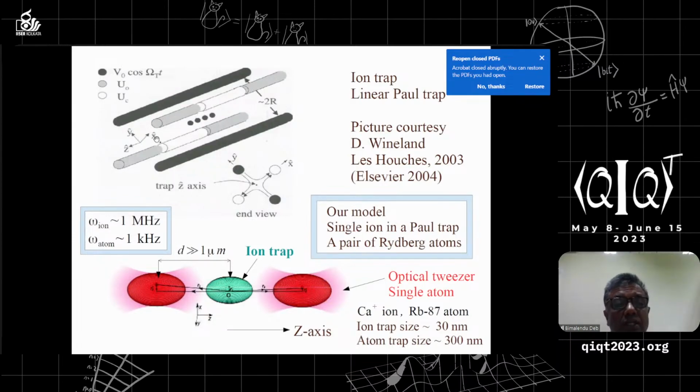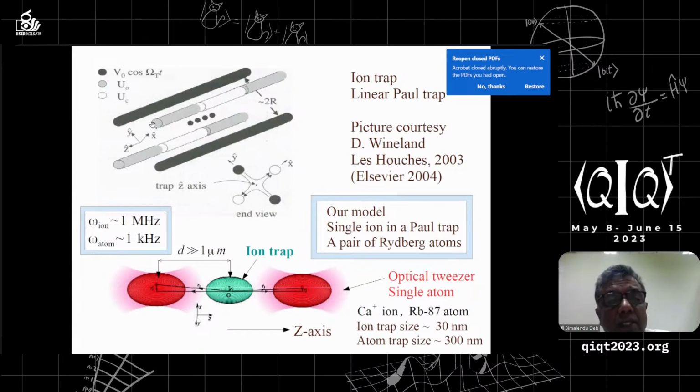Then one can form a kind of binding potential, or potential well, at the trap center, depending on the geometry and the applied voltages.